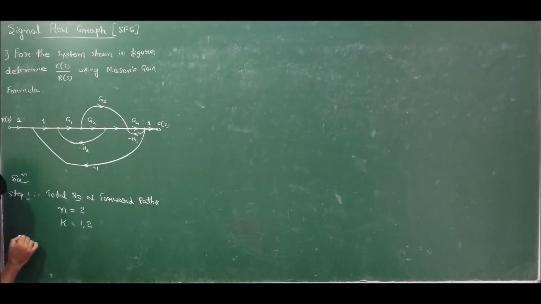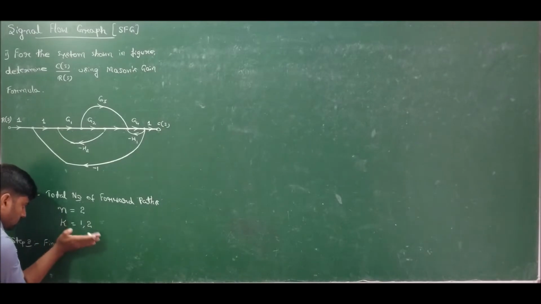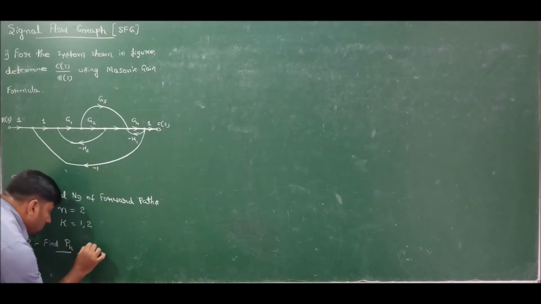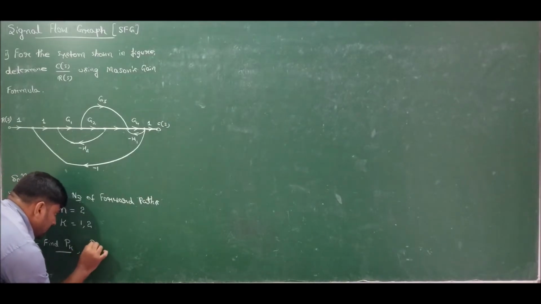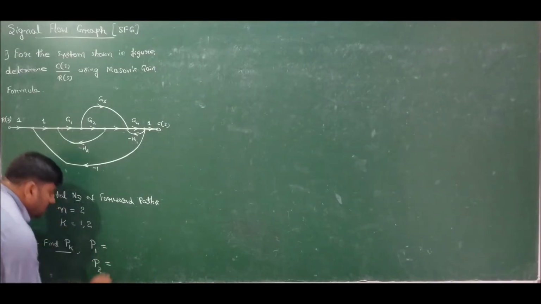Next, in step 2, find the value of pk. Find pk. Correct? So k can take 1 and 2, which means we have 2 paths.